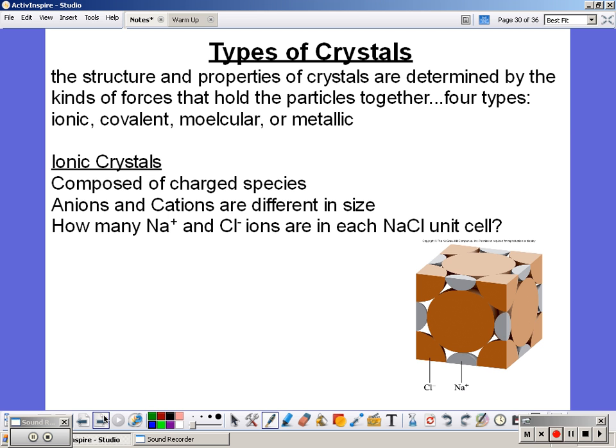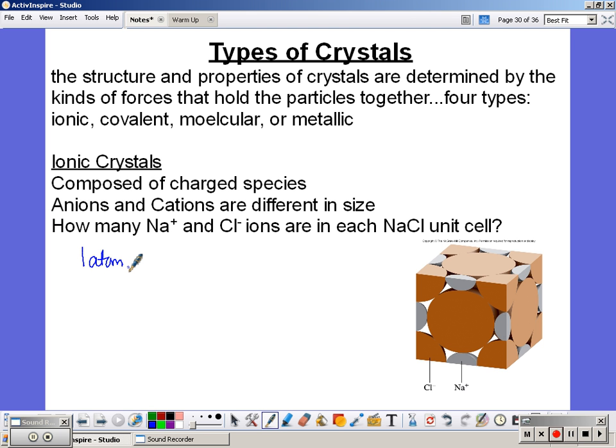So here we have our structure of sodium chloride. Notice that the chlorines are in each of the corners. If they're in each of the corners, I know that that contributes 1 atom total, because each corner is 1/8 of an atom, and there are 8 corners.